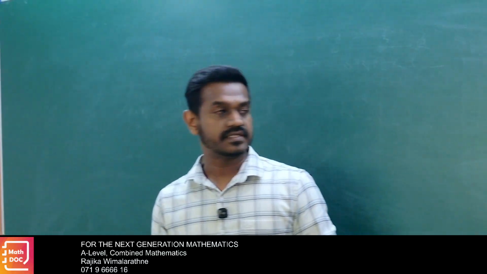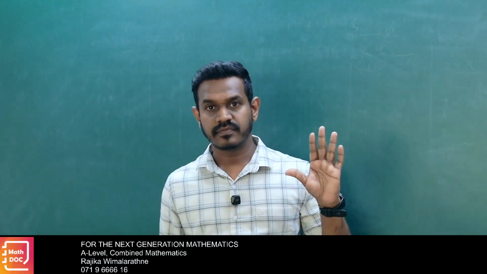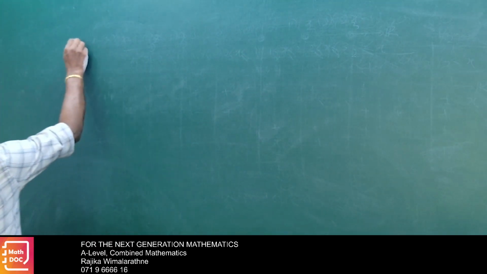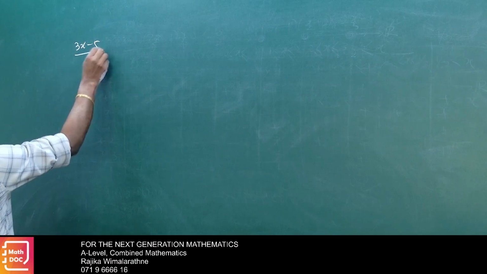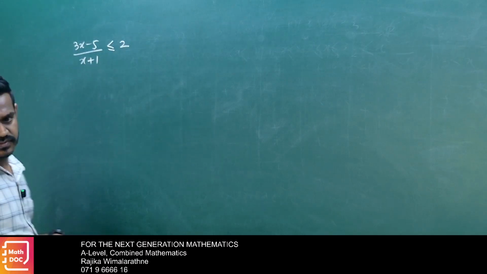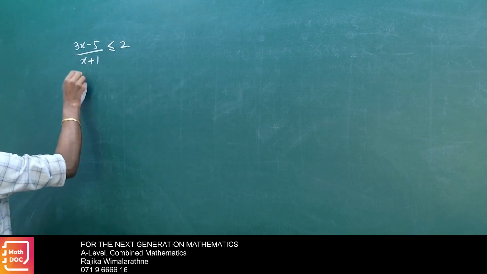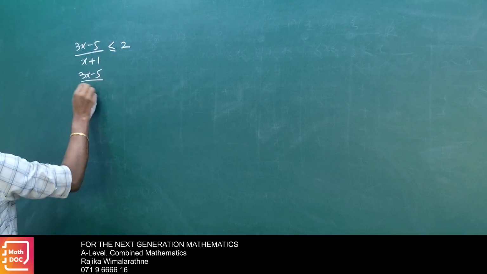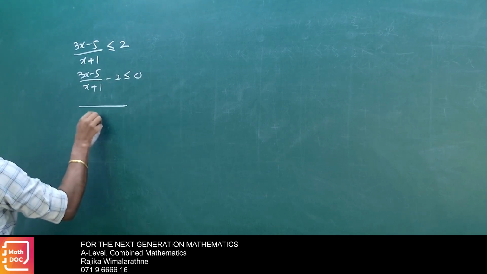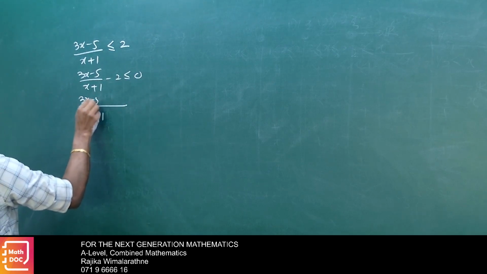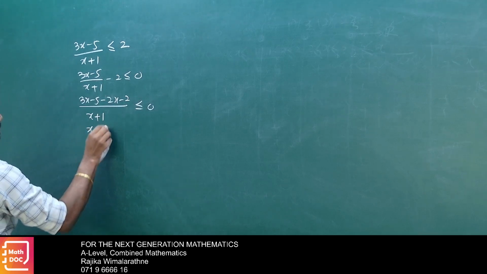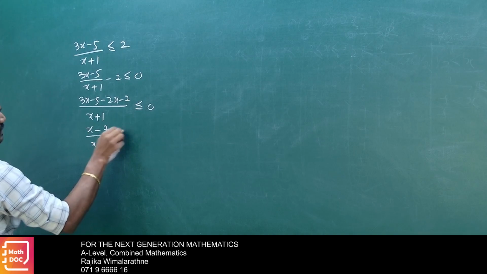Check your answers. Second one, 3x minus 5 over x plus 1 less than or equal to 2. Take the 2 to the other side. Get a common denominator. 2x minus 2 ... x minus 7 over x plus 1.